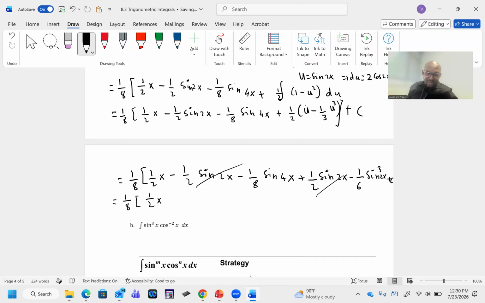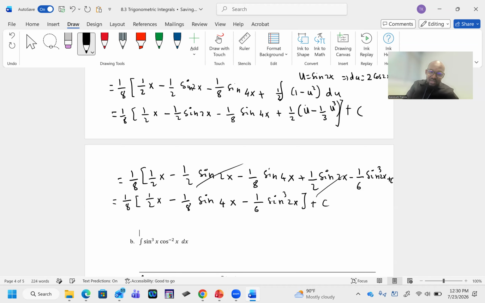So it will be left with minus 1/8 sine of 4x minus 1/6 sine cube of 2x, then plus c. Now we can see, it's a choice: you can distribute 1 over 8 or you can leave it like this.